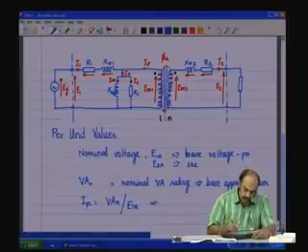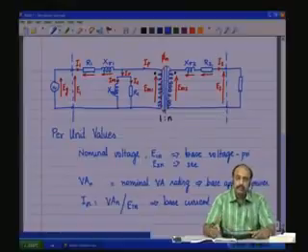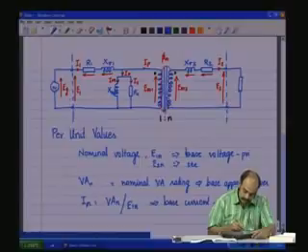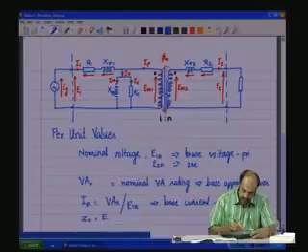This would be taken as the base current for the primary, and the base impedance Zn, or the nominal impedance, is, if it is for the primary side, E1 square by VA nominal.